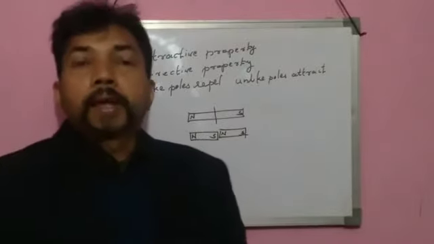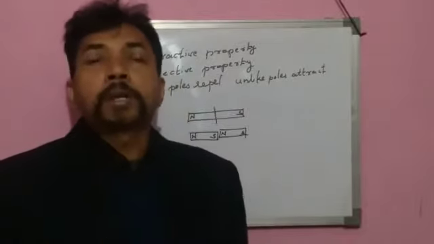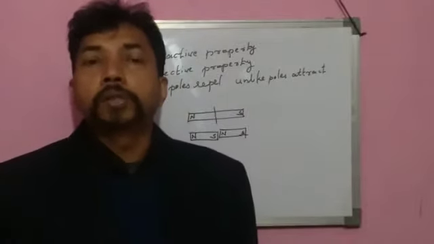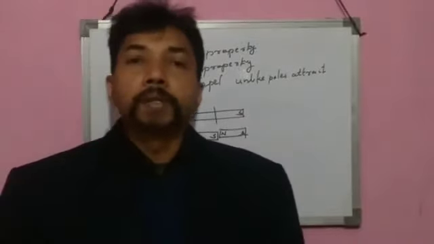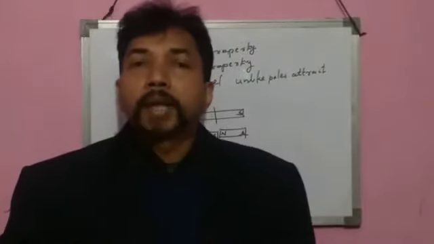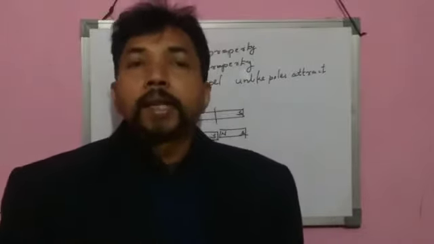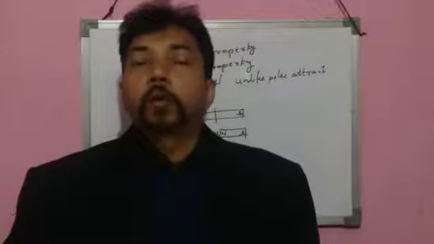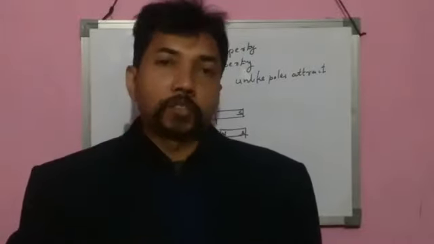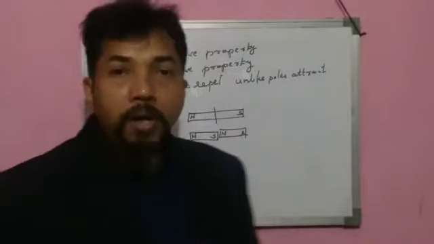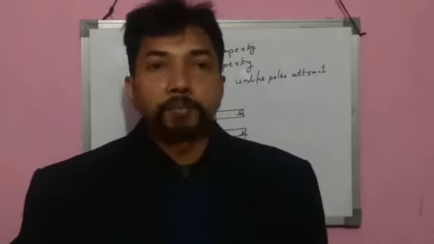If you break it again and again into small pieces, all the pieces will have both polarities, north pole and south pole. We can conclude that a magnet with only one polarity cannot be made, or that no monopole exists. So these are the properties of a magnet.